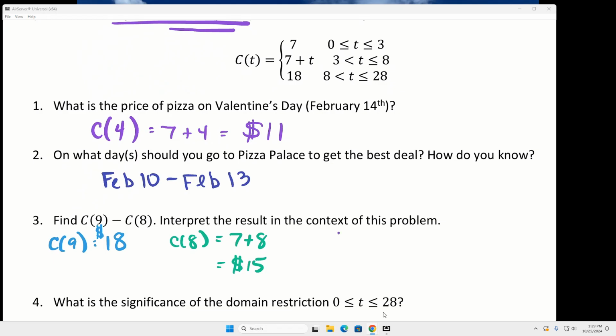All right, so the question is to find C of 9 minus C of 8. So we subtract 18 and 15, that's a $3 difference. And then they also want you to interpret that in the context of the problem.